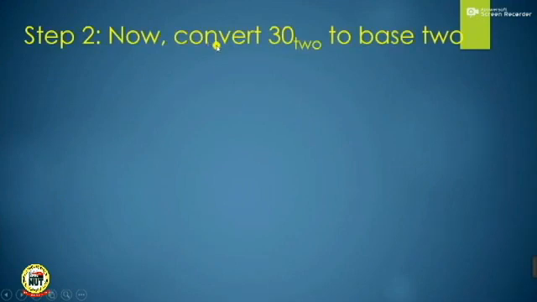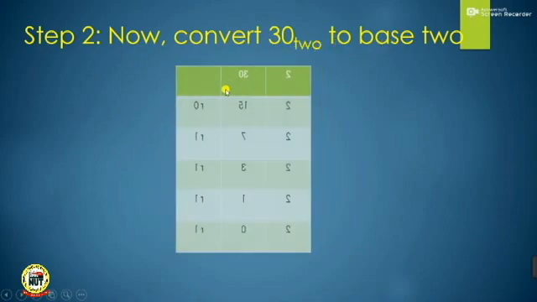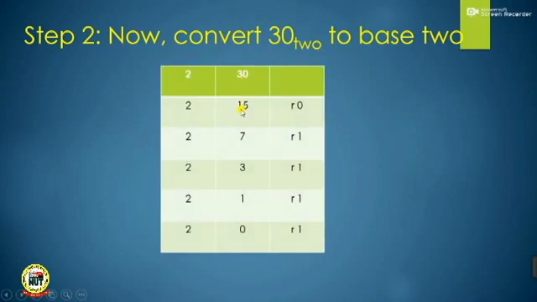Then the next thing now is to convert 30 base 10 to base 2. So we'll do our successive division as usual. 30 divided by 2 gives us 15, remainder 0.